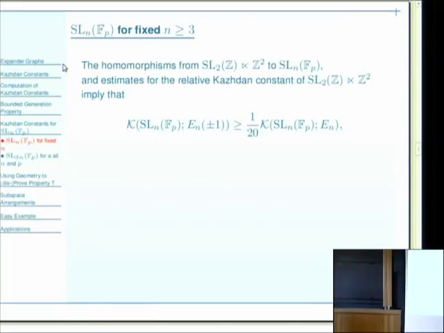Okay. Replace it with a graph of smaller degree, because the things are generally expanding. So what I do is I take this elementary matrix, I pick another one here, and this is my group, which is going to be SL2 sitting here, acting on FP cross FP sitting here.